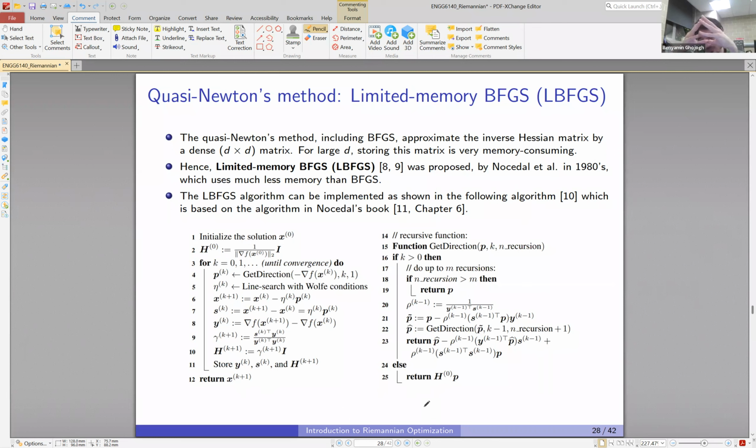Quasi-Newton's methods try to approximate the Hessian, because the Hessian is usually hard to compute. So we can approximate either the Hessian or the inverse of the Hessian for Newton's method. And one of the famous quasi-Newton's methods is BFGS.